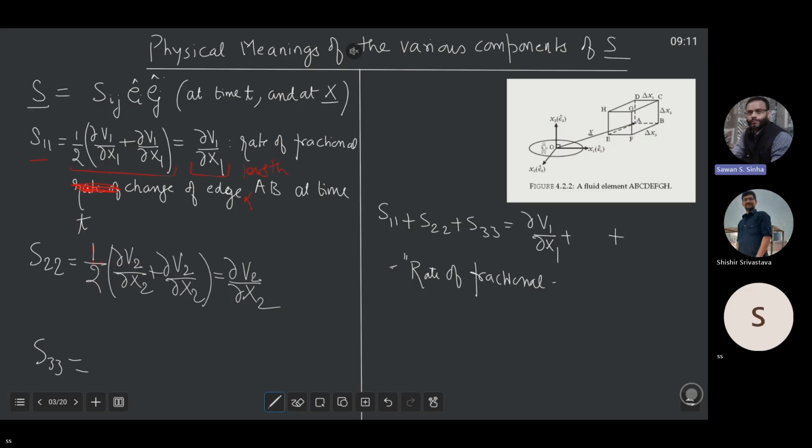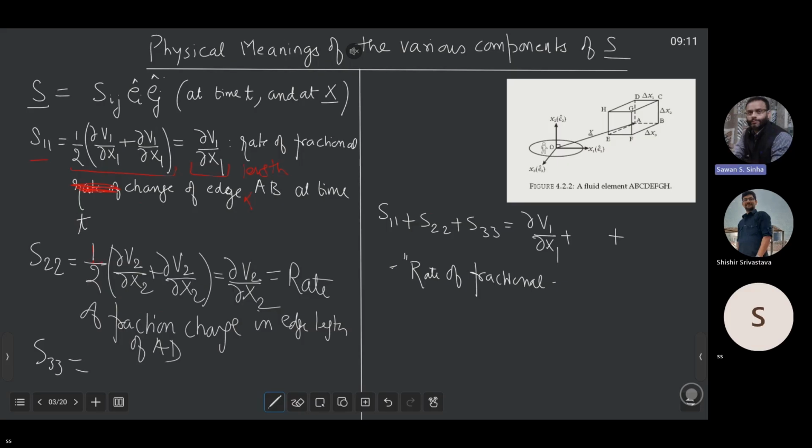But later we realized that AD and BC will have the same fractional change, right? So I will still write fractional change in AD, okay? This is just a revision. I have done it already many times. Fractional change in edge length of AD.